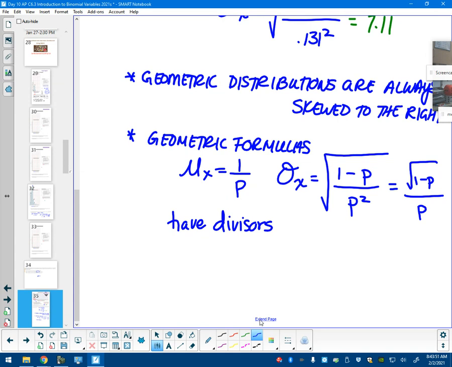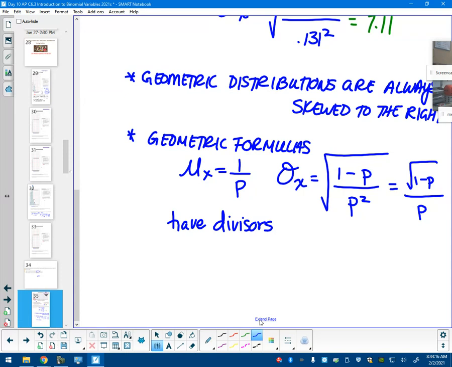But what else do you notice? You guys have them right there on your papers. You can see them easier than me going back and forth. What else is different about those formulas?